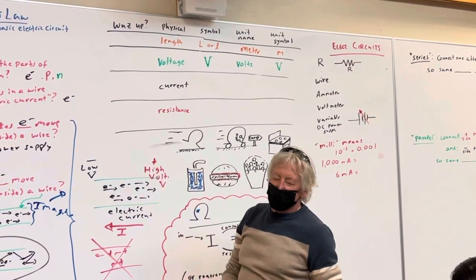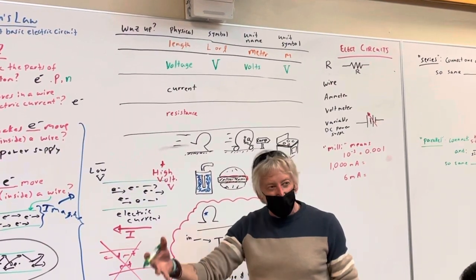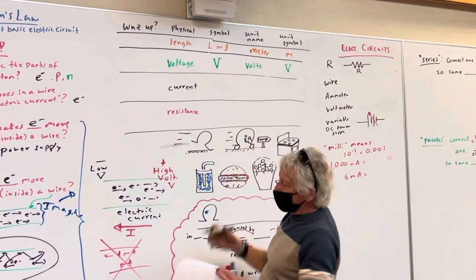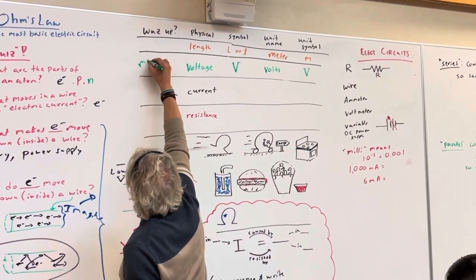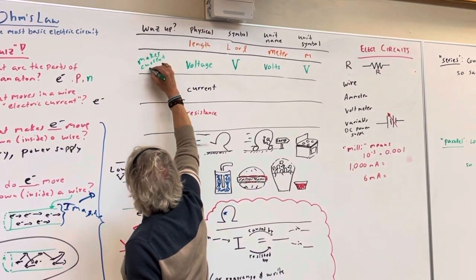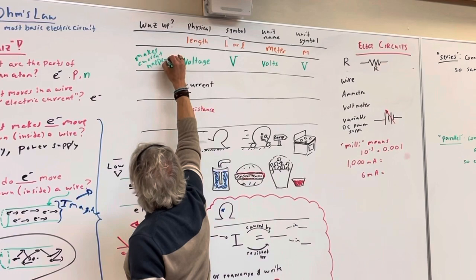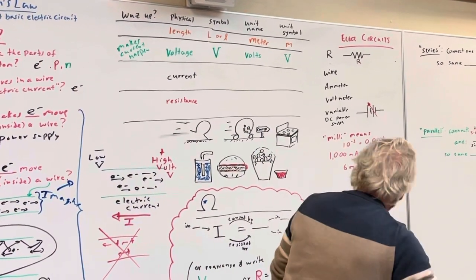It's just the way it is. It kind of makes it easier. Like force, F is in Newtons, N. Whatever, that's just the way that is. And what's up with that? Well, it makes current happen.